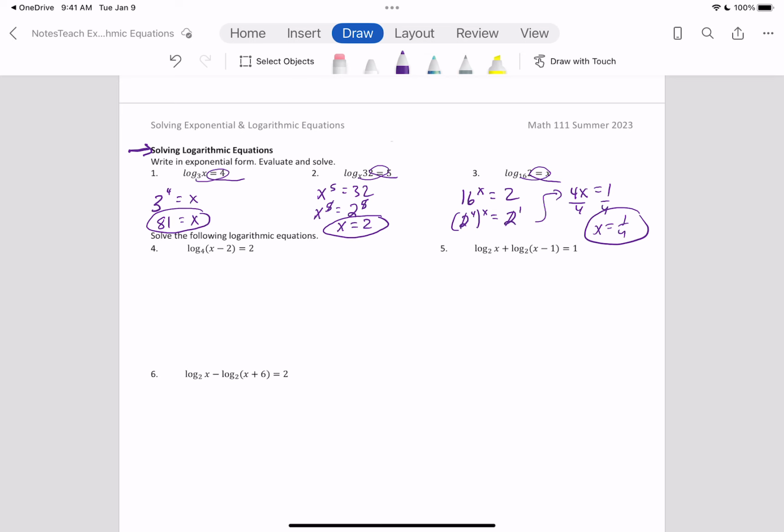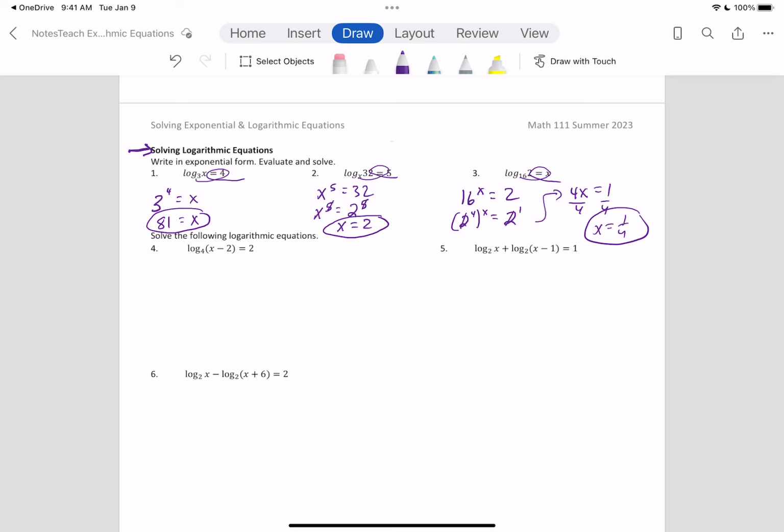Alright, these next problems also say solve the following logarithmic equations. So we're going to be doing the same thing. These have expressions in them instead of just variables and numbers, but they're going to work the same way.